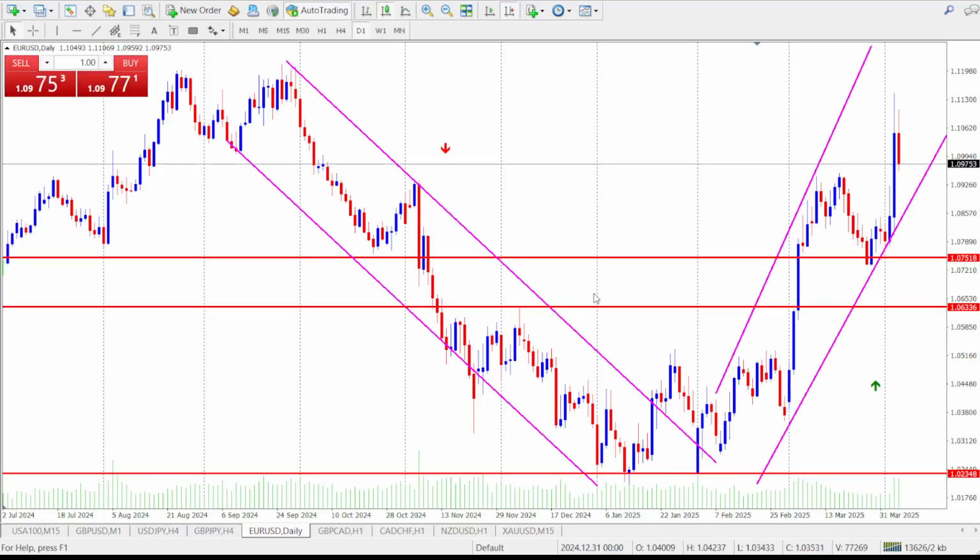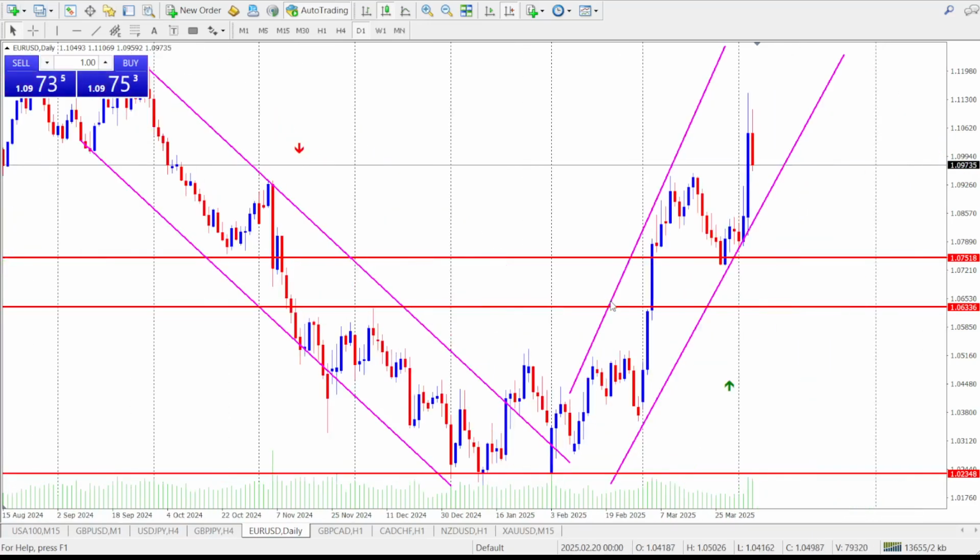Now, one of the best things about the green volt indicator is that it is suitable for all types of traders, yeah? From beginners to experienced traders. So it doesn't matter whether you are a scalper or a day trader or a swing trader, this indicator works across multiple time frames, giving you flexibility in how you trade.